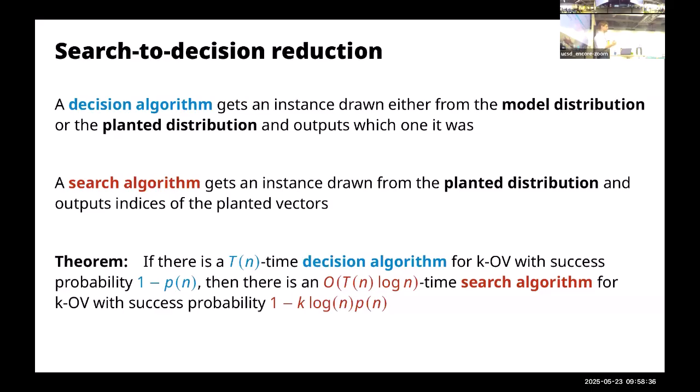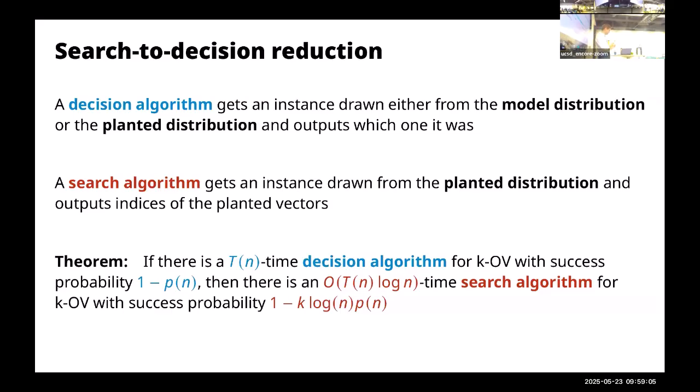So, of course, the search problem is a priori harder, but the search to decision reduction shows that not really, or only up to some small factors, because I can turn a decision algorithm into a search algorithm. So something that for worst case OV is a super standard exercise, but under this distribution, it's not that obvious.